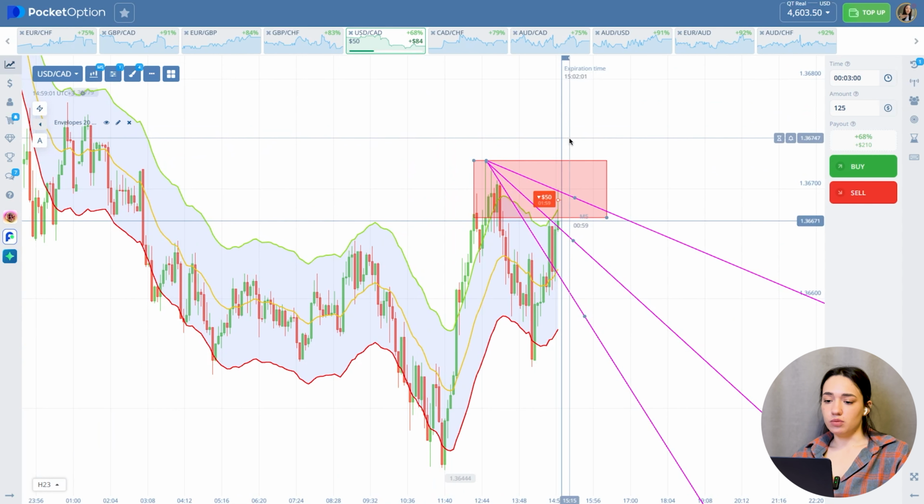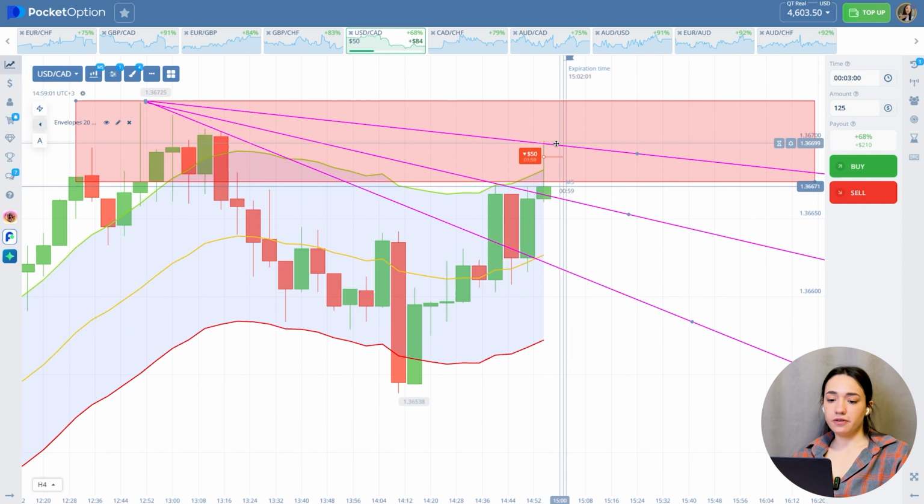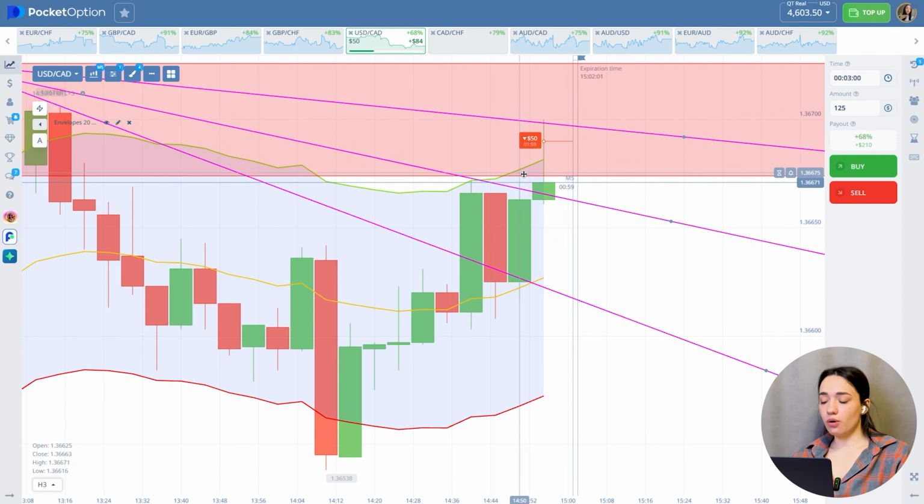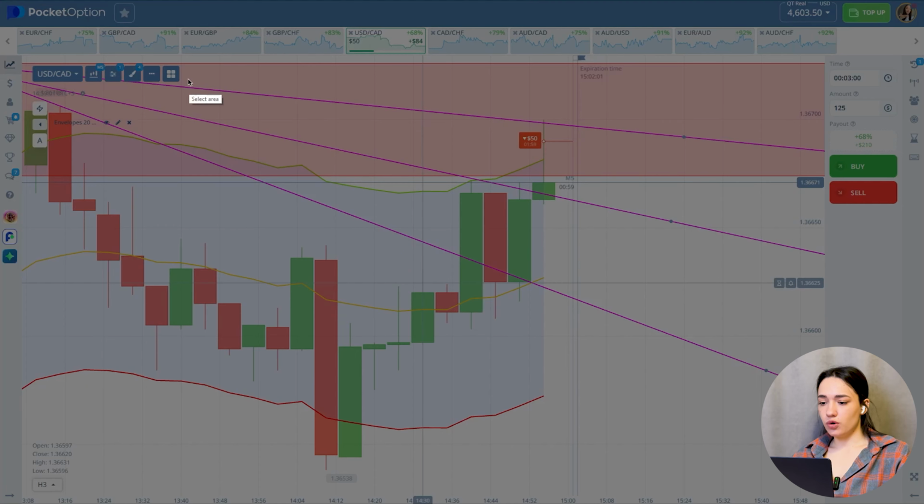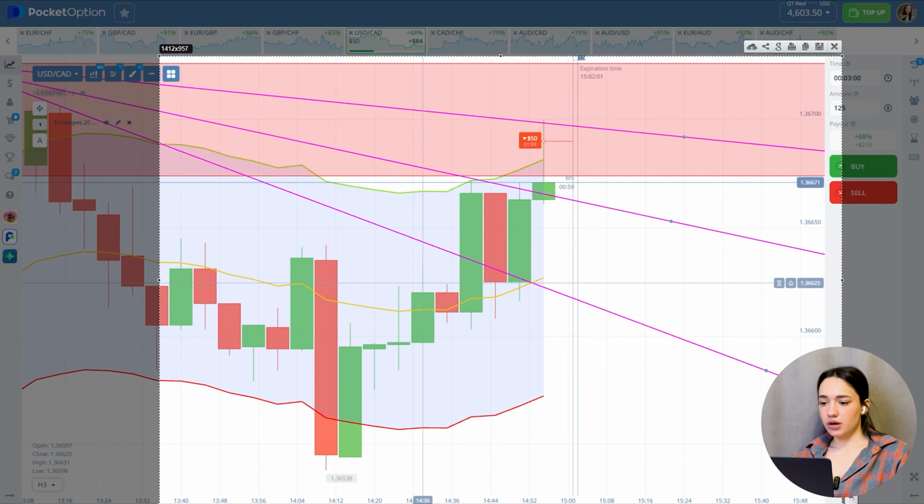trend continued moving downward. And on the 5-minute time frame, we see our overextension. Let me highlight it in more detail. Now, here the price didn't move above the upper boundary and pulled back downward.